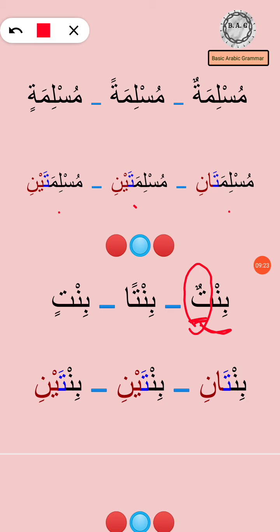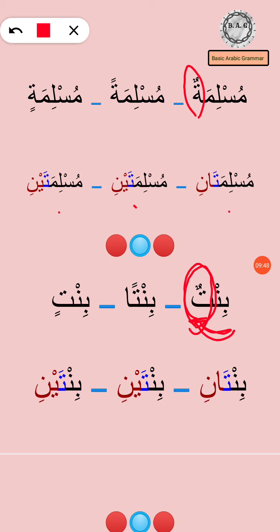It is not a suffix, and it is an integral part of this word. However, this ta marbuta here is not a root letter. This is your suffix for the feminine counterpart of the word muslimun.